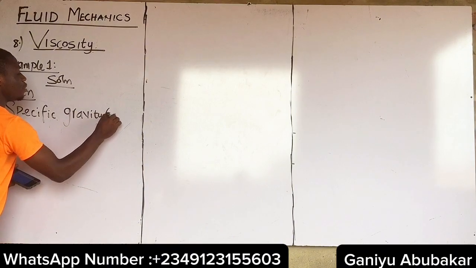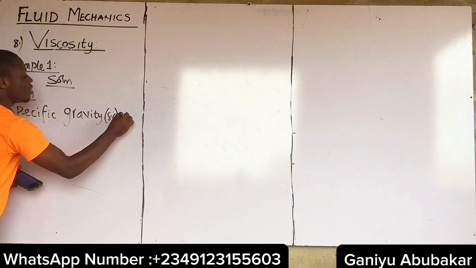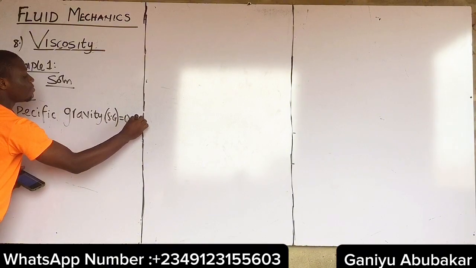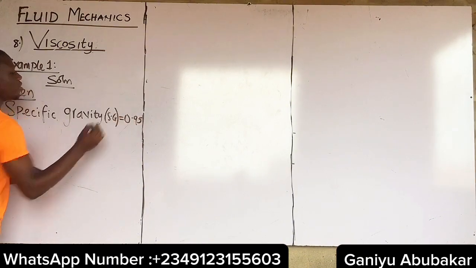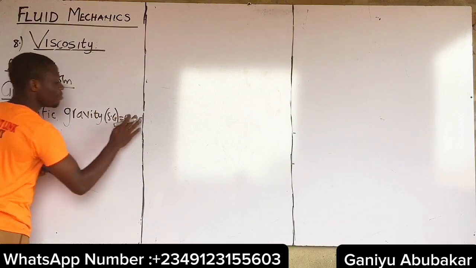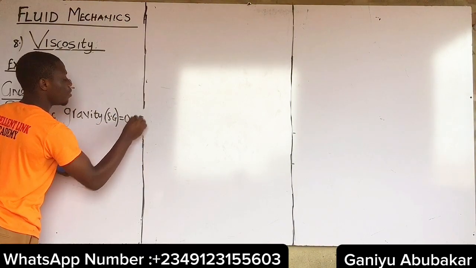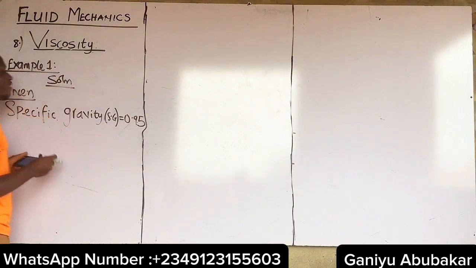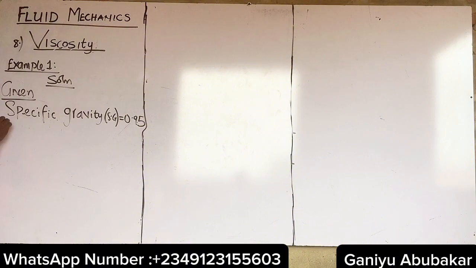That's specific gravity, Sg, as 0.95, right? 0.95 as specific gravity, and dynamic viscosity. I'm given dynamic viscosity.